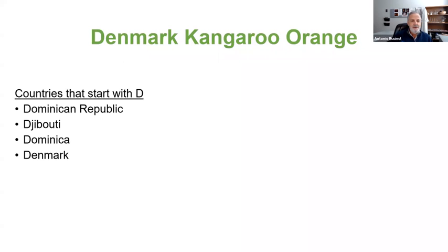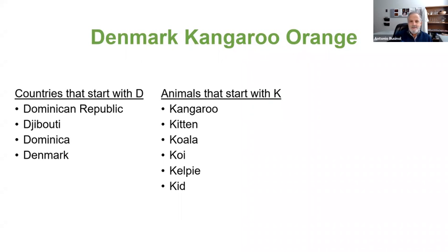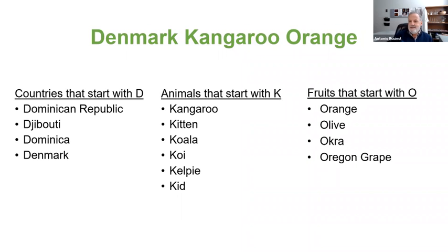And it demonstrates that there are many other countries with a D, many other animals with a K, etc. And so this works better in larger groups because the purpose is to demonstrate that even in a diverse group like this, we still have biases, the groupthink, because we're exposed every day. The most common countries will be Denmark, etc.